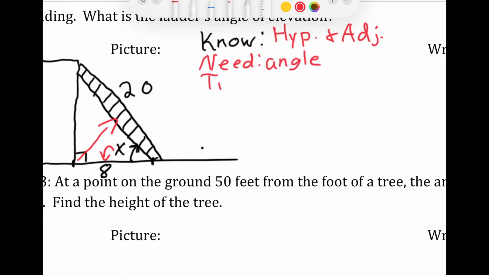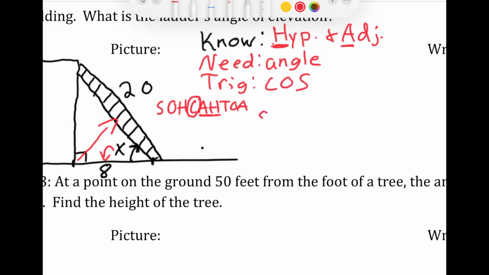So which trig function are we going to be using? Well, if you need to write it out every single time, write out your SOHCAHTOA. Which one involves an H and an A? Well, A and H are together right there. So our trig function is going to be C for cosine.